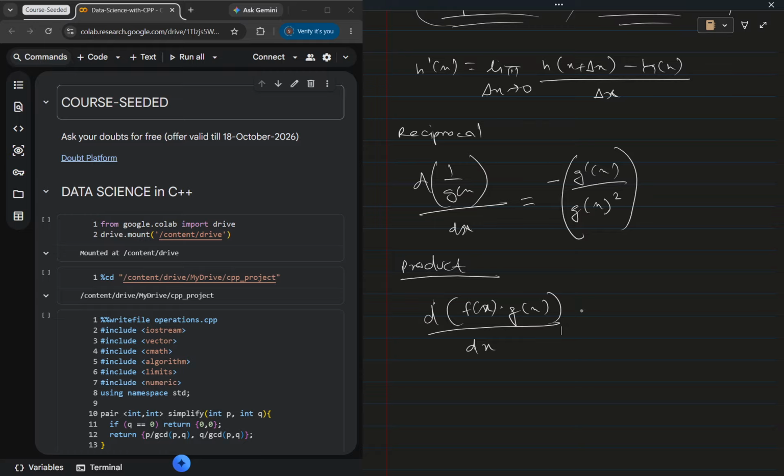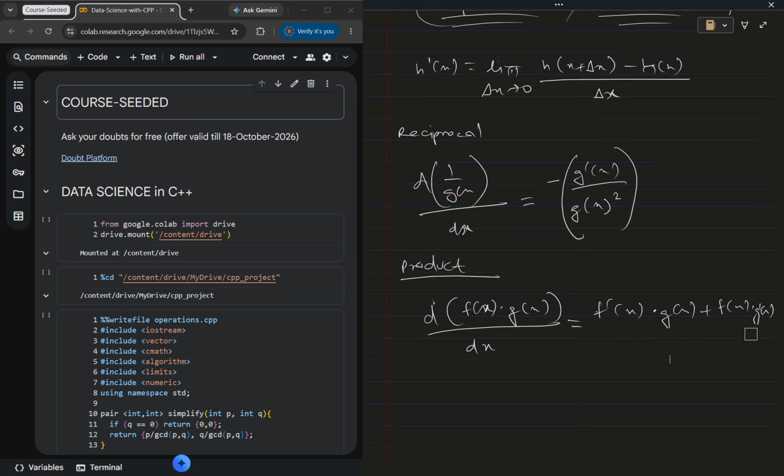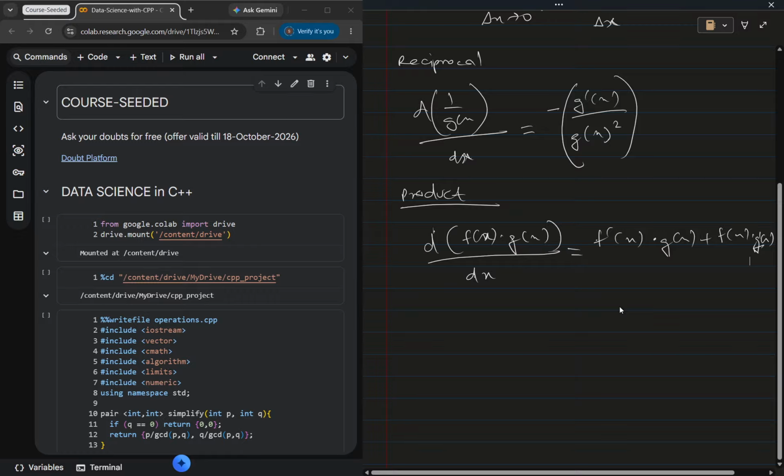For this we had the product rule proved, which was f'(x) times g(x) plus f(x) times g'(x). So this was the complete one, and there was nothing else, I think.